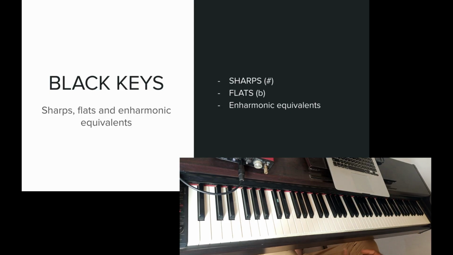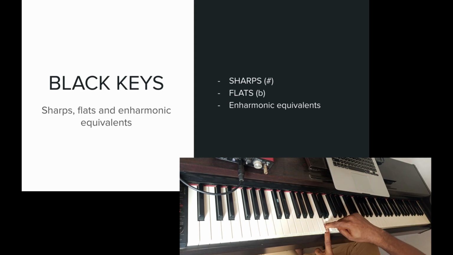And like I've explained, this is C. The white key in front of every set of two black keys is C. The name of this black key will be C sharp. That is because I raised the value of C by one semitone. Remember the definition of sharps. I raised the value of C by one semitone. So this is called C sharp. And that's how all the black keys got their names.